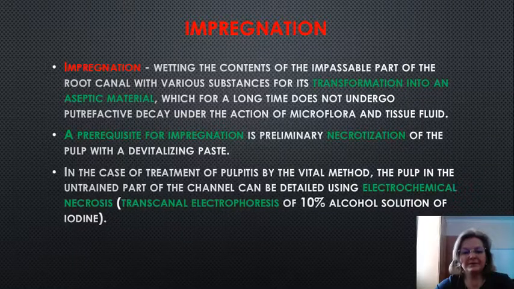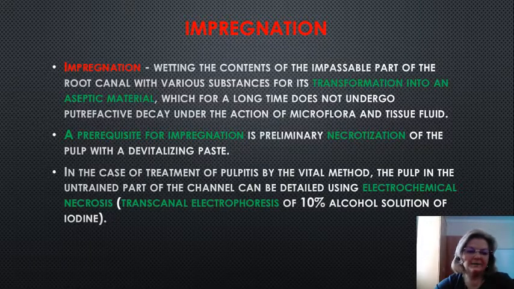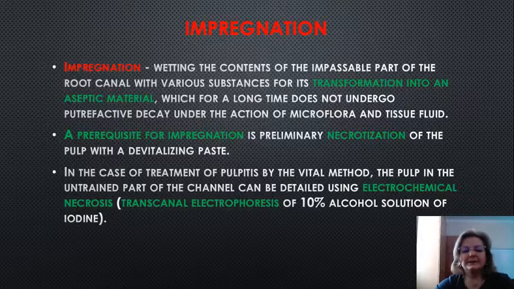In the case of treatment of pulpitis by vital methods, the pulp in the untreated part of the canal can be destroyed using electrochemical necrosis, transcanal electrophoresis of 10% alcohol solution of iodine.